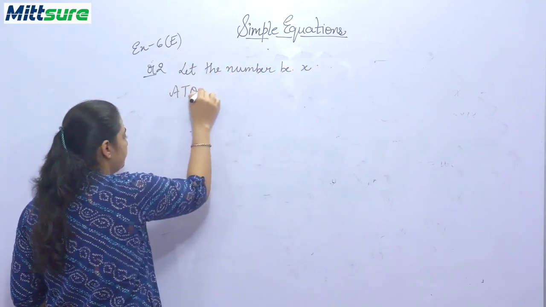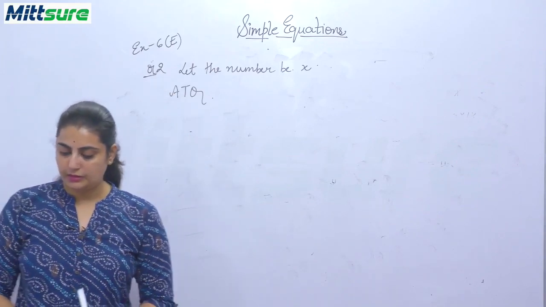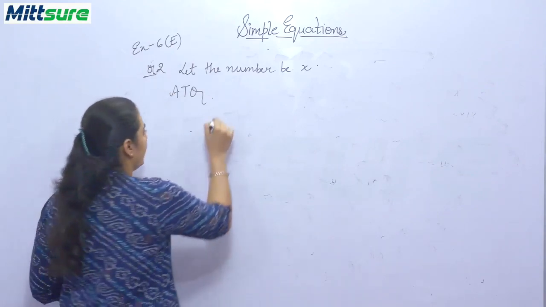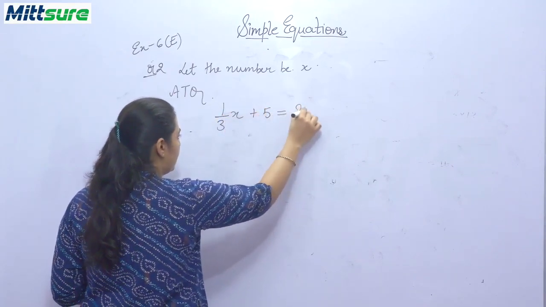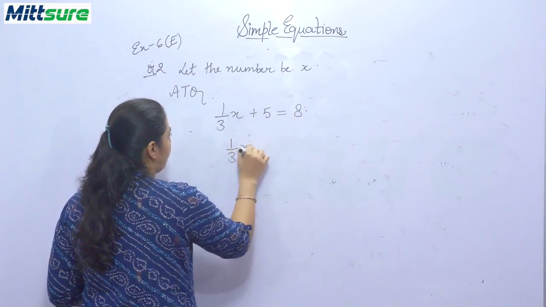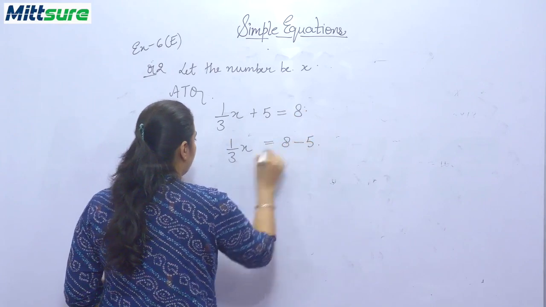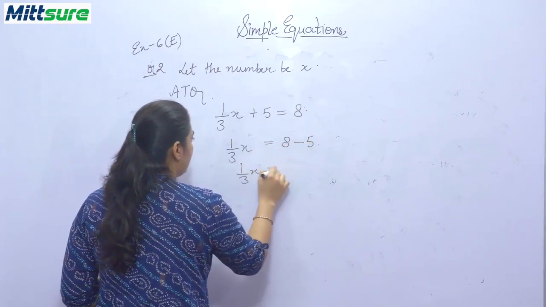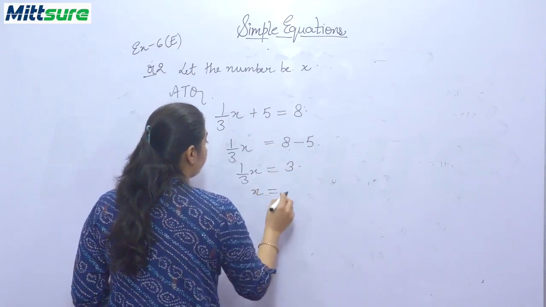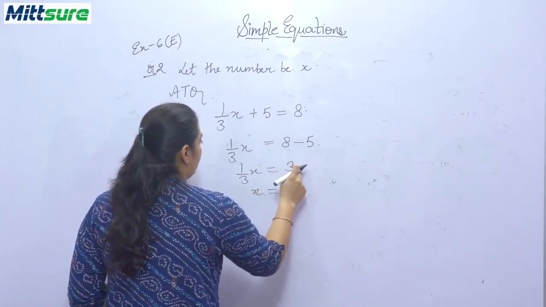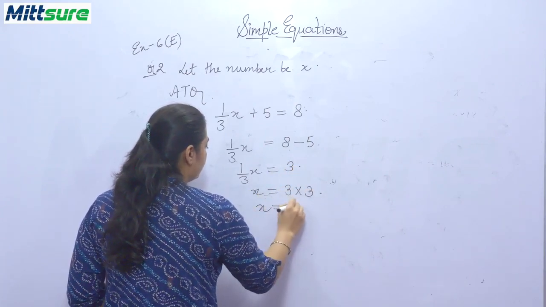According to the question, that is the information given to us. 1/3 of the number, 1/3 of x plus 5 gives you 8. So 1 upon 3 x equals 8 minus 5. So 1 upon 3 x equals 8 minus 5 as 3. So x is equal to 3 multiplied by 3. So x is equal to 9.